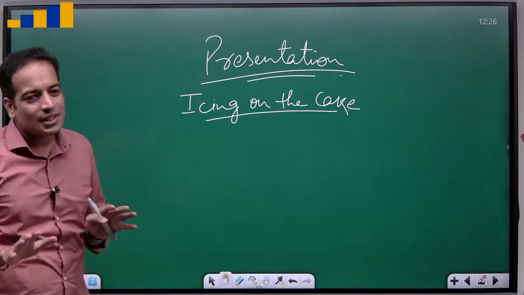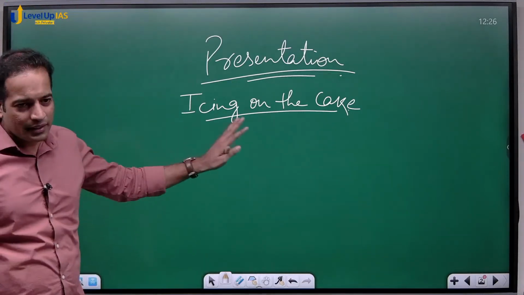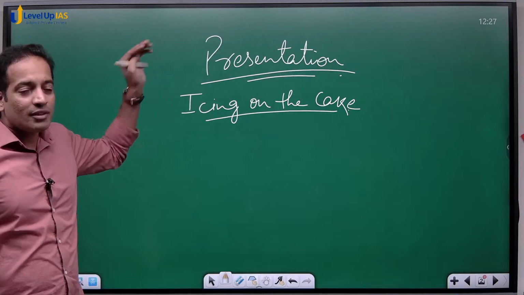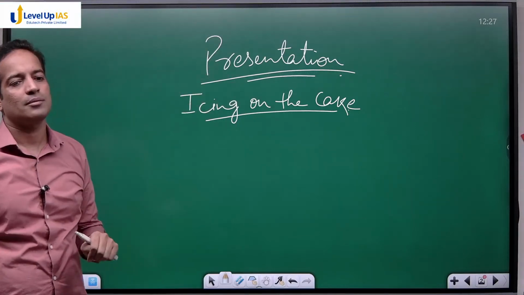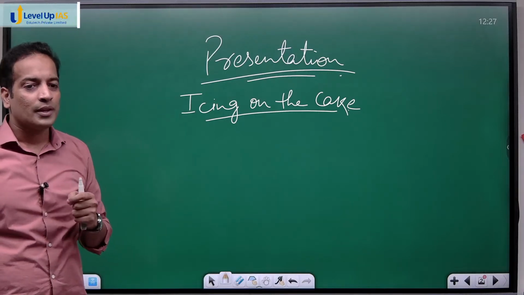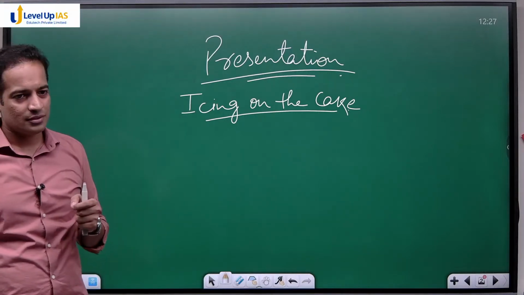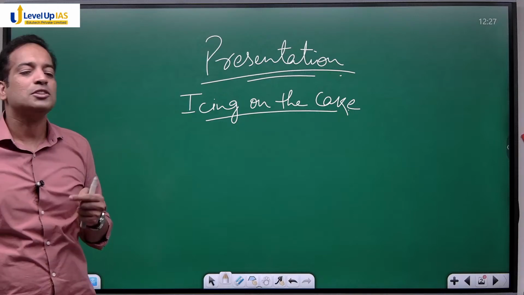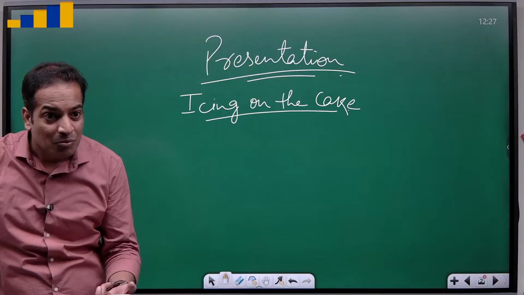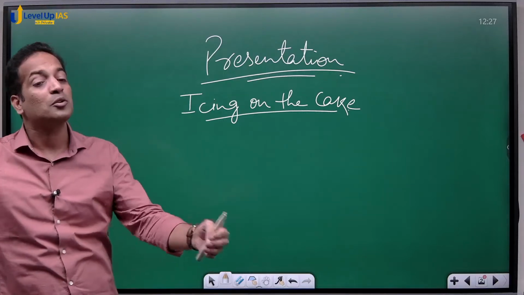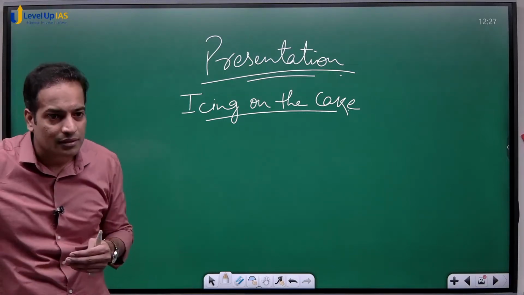Whatever cake was there, it was already there, that is in your content. You have understood the demand, you have structured it, you have written the content. Now, if your presentation is good, naturally, just as on the cake, if the icing is good, the overall cake looks more attractive and you would want to buy it, you would want to have it.